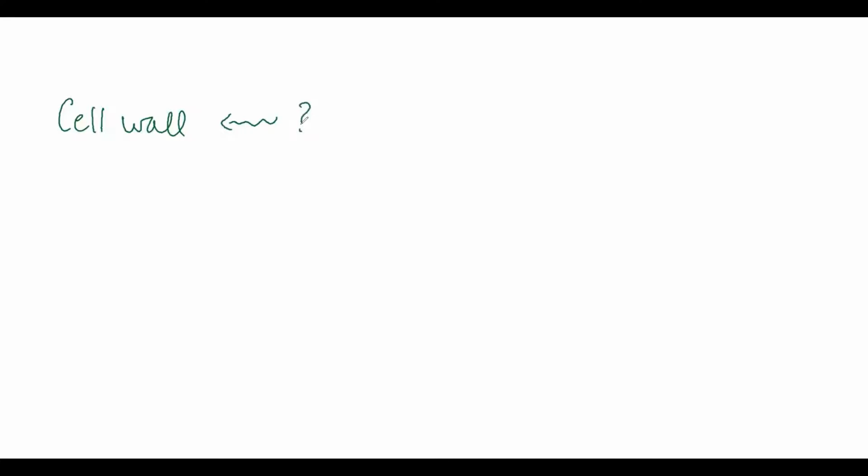In plant cells, what's the cell wall made of? Cellulose. Yes, very good. I'm going to erase this question mark and I will write cellulose. But what is the cellulose formed of? It is formed of glucose.